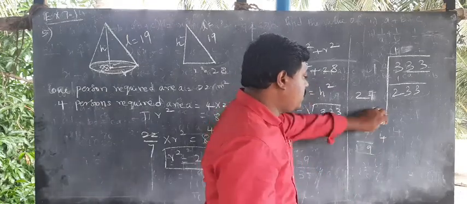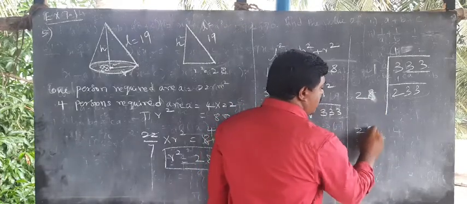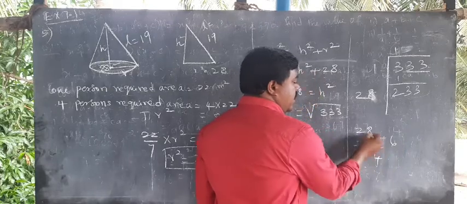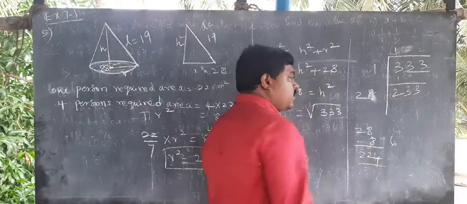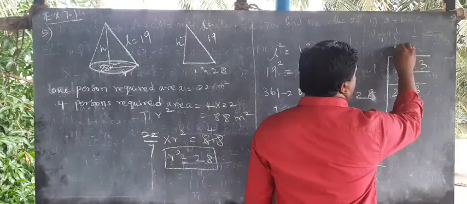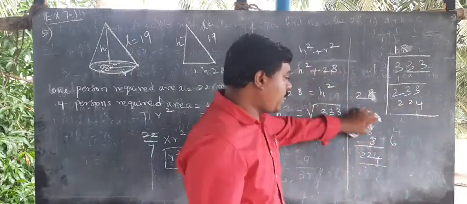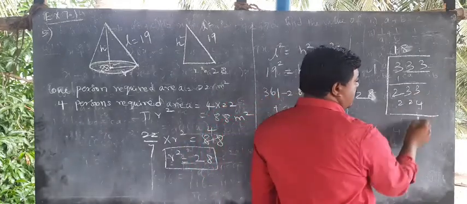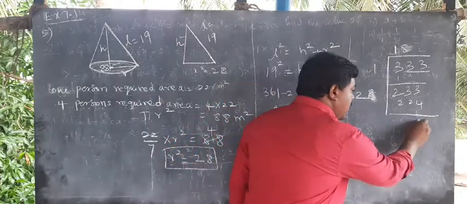So nearly possible, 28 is definitely possible. 28 into 8: 8 eights are 64, 8 twos are 16, 16 plus 6 is 22. So nearly we get the answer. So here 8 means here also we need to put 8, 224. Clear? So remaining is 233 minus 224, 9 remaining.